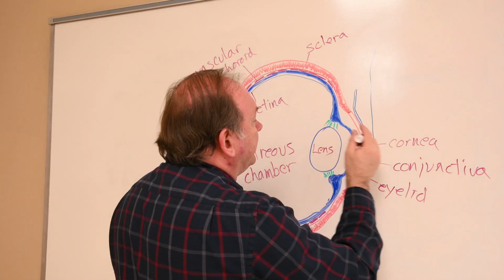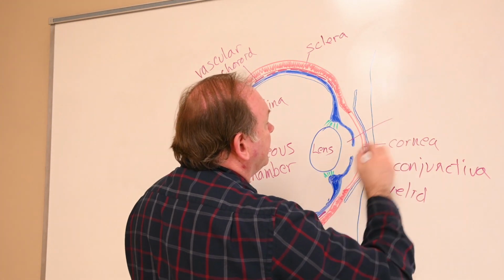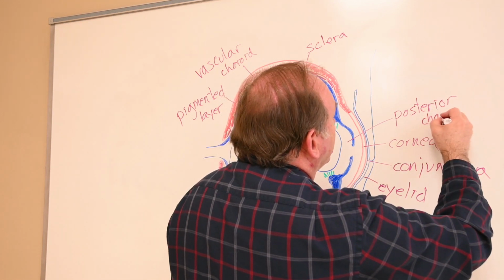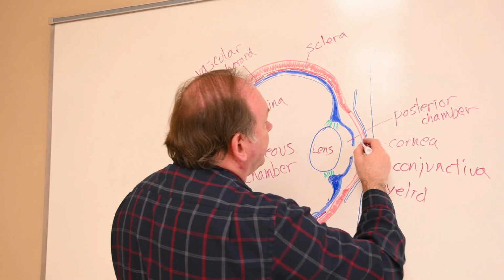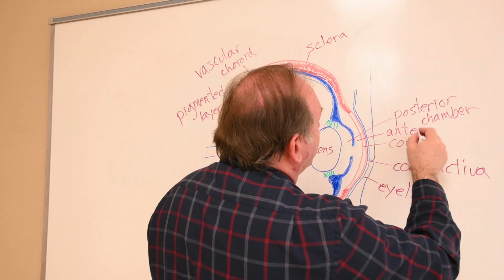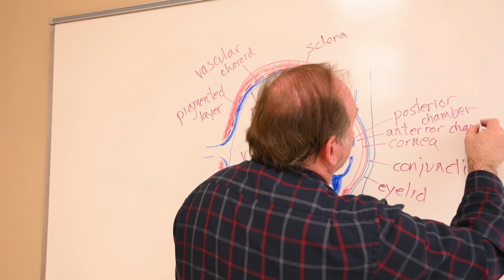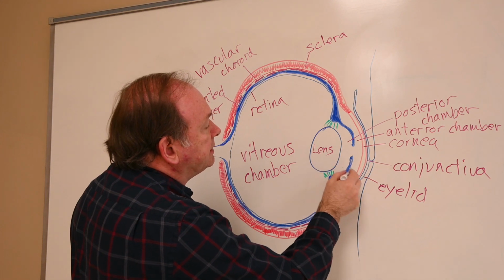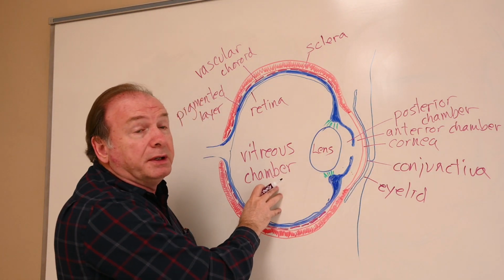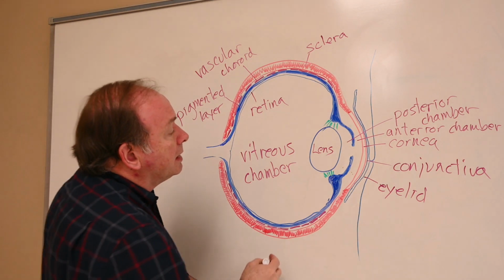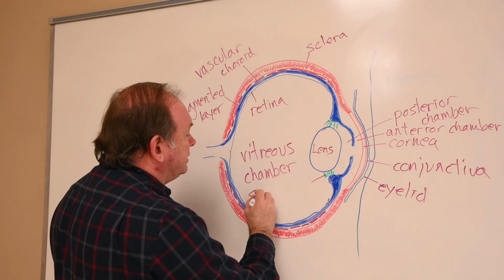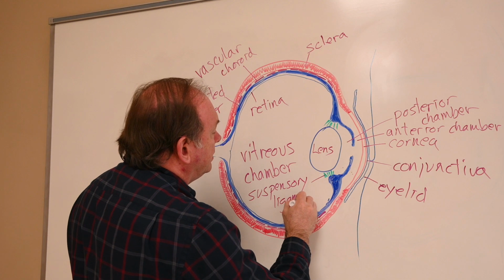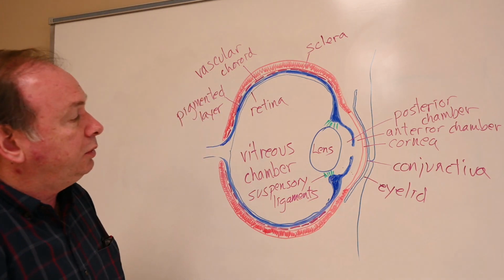The part just between the lens and the iris right here, we identify as the posterior chamber of aqueous humor, and then in front of that we have the anterior chamber of the aqueous humor out there. So watery fluid in these spaces out here, jelly-like fluid in this space back here. I've already mentioned suspensory ligaments that connect to the lens there.